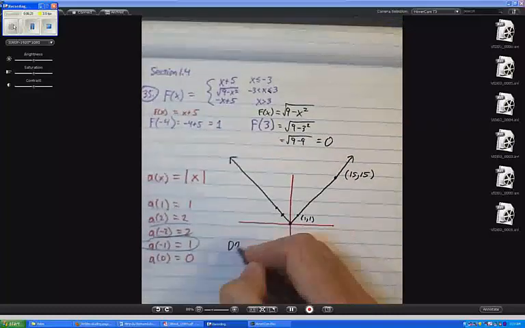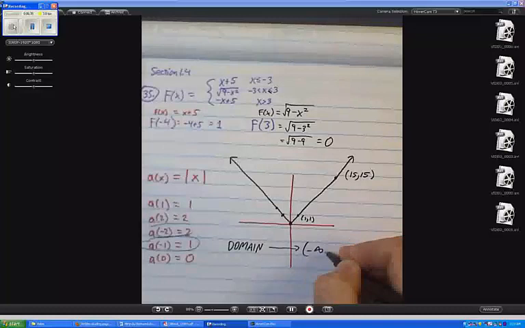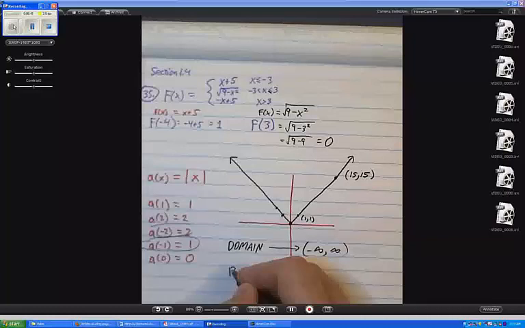Okay. Now let's talk a little bit about some of the ideas we've learned so far with my new function. Let's talk about the domain. What's the domain for the absolute value function? Are you allowed to take the absolute value of anything on the real line? Why not, right? So the domain would be from negative infinity to positive infinity, all real numbers. While I'm at it, why don't I talk about the range of the absolute value function?